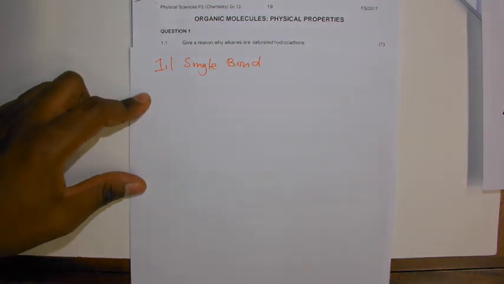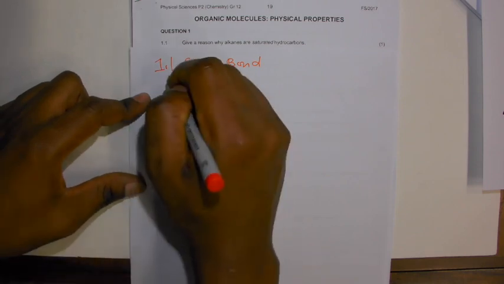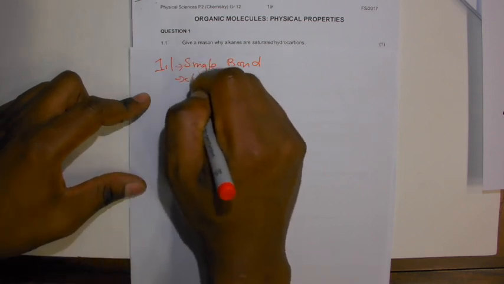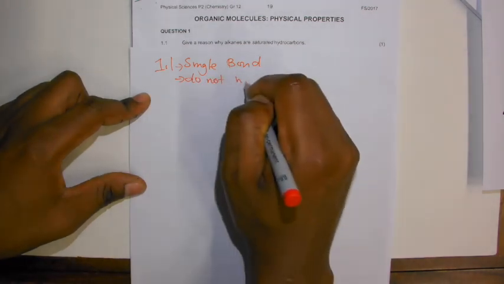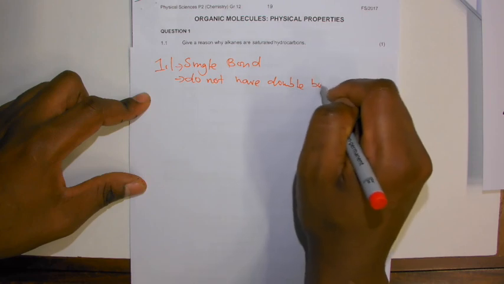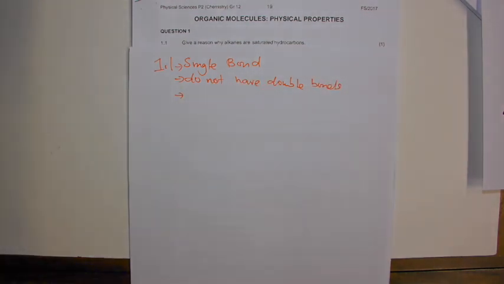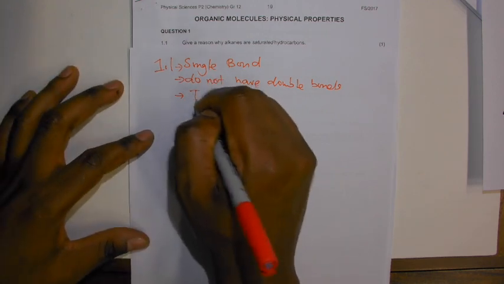Or you can also say they do not have double what? Bonds. And then the last one, you can also say they don't have triple bonds. Is that okay?